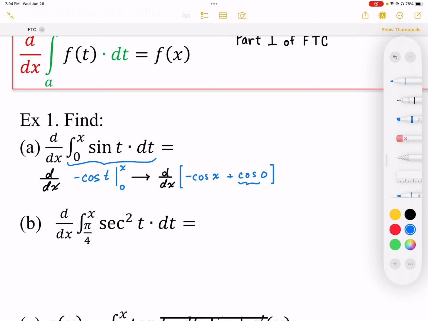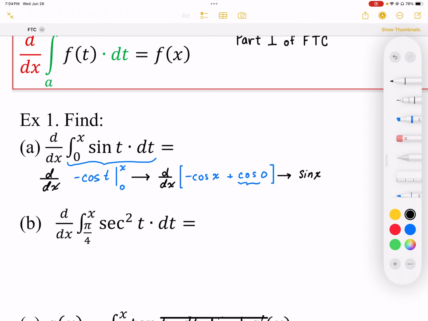Regardless of what this value is, it's going to be a constant, and when I differentiate it, the derivative of negative cosine is going to be sine x.